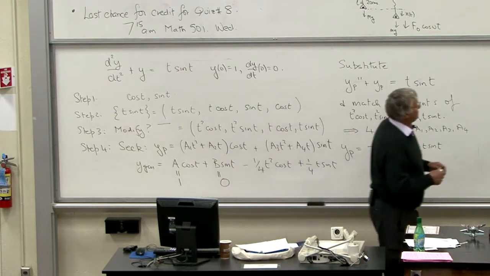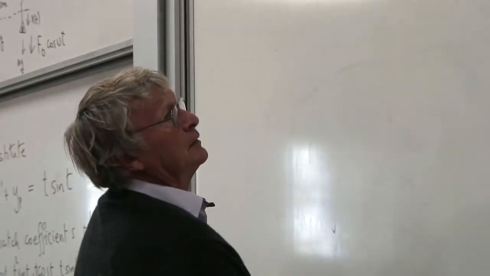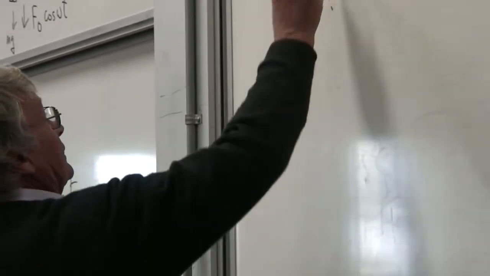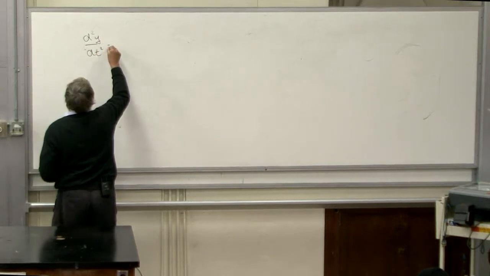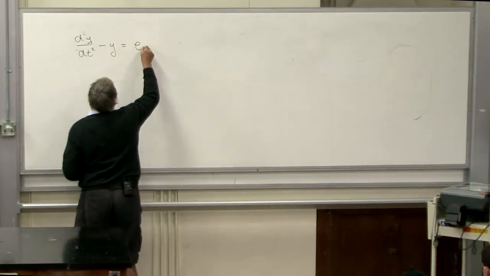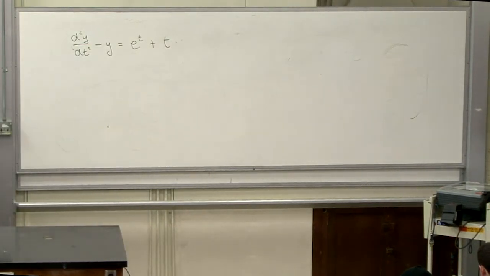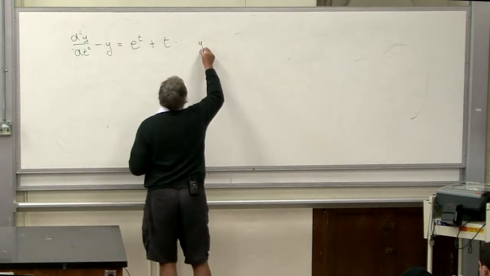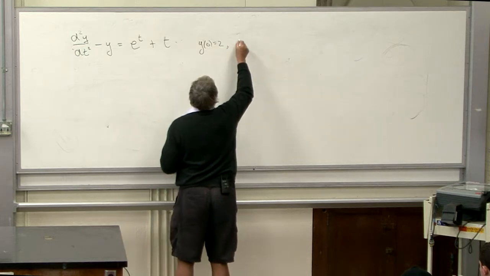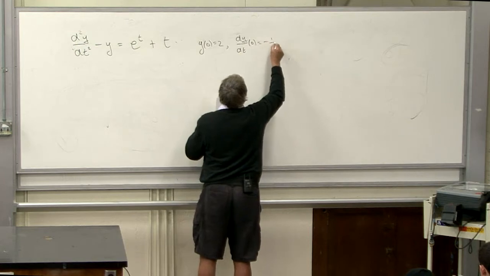Okay. d2y by dt squared minus y equals e to the t plus t. y of 0 is 2. dy by dt at 0 is minus a half.